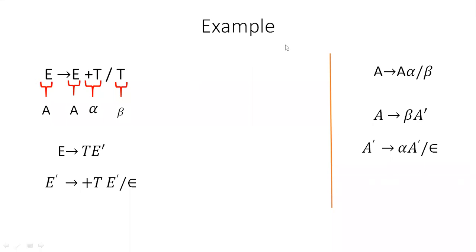These are the problems in top-down parsing: backtracking is a problem, ambiguity is a problem, left recursion is a problem, left factoring is a problem. After eliminating all these four problems, only then do we construct the predictive parser by constructing first and follow functions.